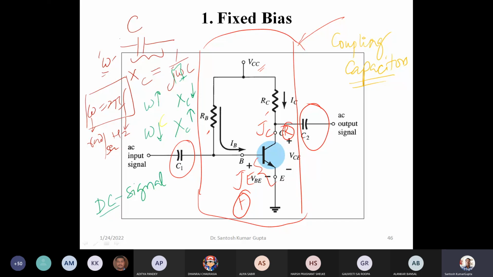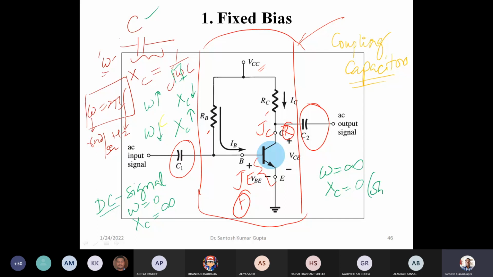Okay. So if we look at a DC signal applied across capacitor C1, then omega is going to be 0 for a DC signal, and Xc will be infinite. On the other hand, if omega is very large, then Xc will be very small.